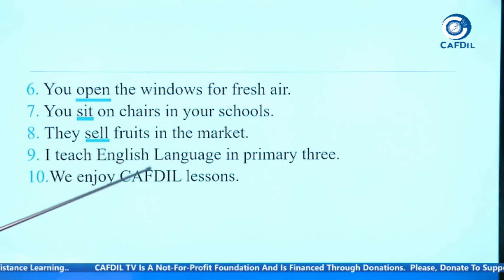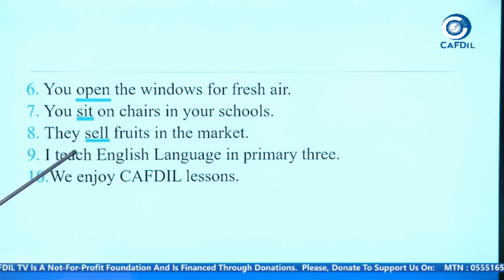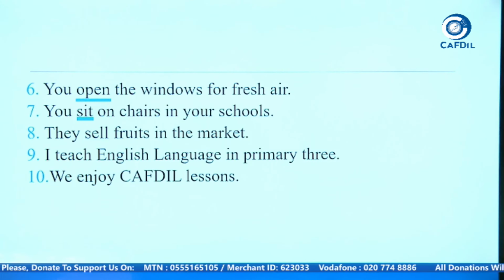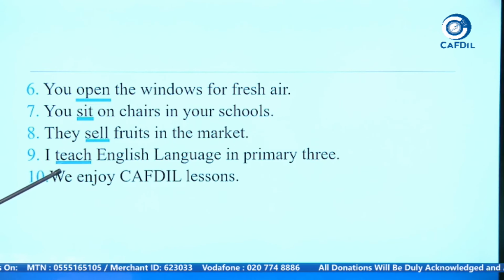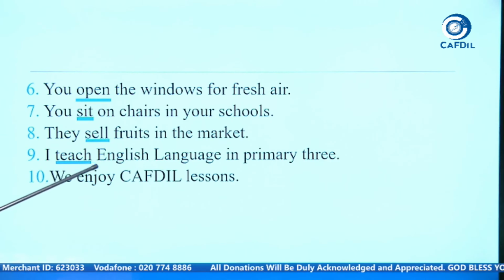Number 9: I teach English language in primary 3. Which of these words are we going to underline as our verb? Teach. Good. And finally, number 10: We enjoy Cafdil lessons.